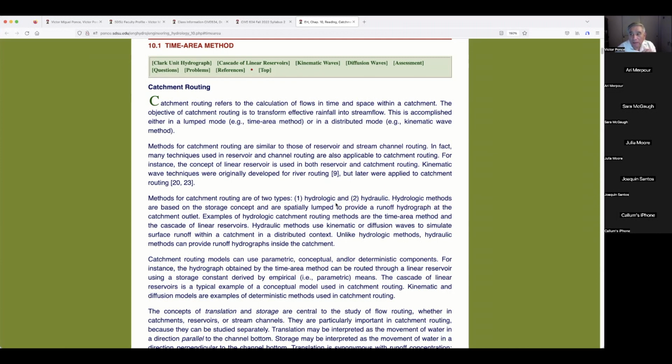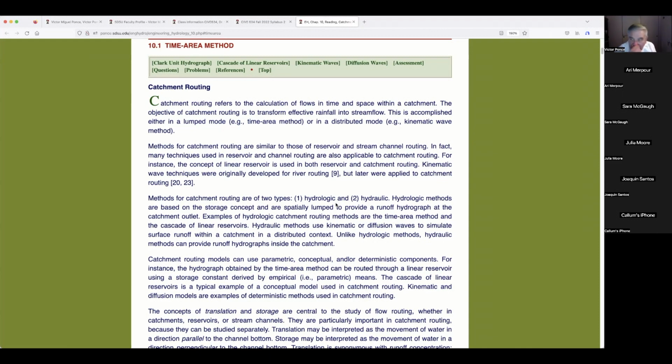So we claim that it could be applied through the mid-sized basin, which goes from 1 square mile to 400 square miles. That's where we technically or generally draw the limit between mid-sized basins and large basins. Large basins could be more than 400 square miles, like 1,000 or even more.